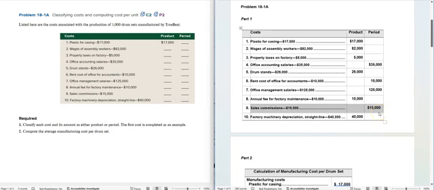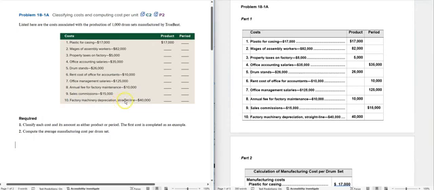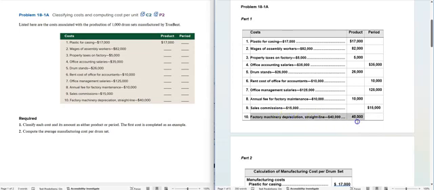They would just be selling what they bought instead of what they made. So that is a period cost. Factory machinery depreciation. The only reason they incur depreciation cost is because they have a factory where they're making the product. Thus, it is a cost of making the product. It is a product cost.